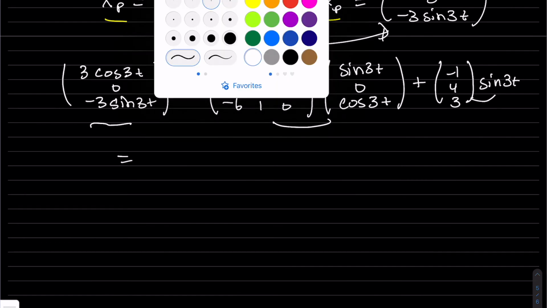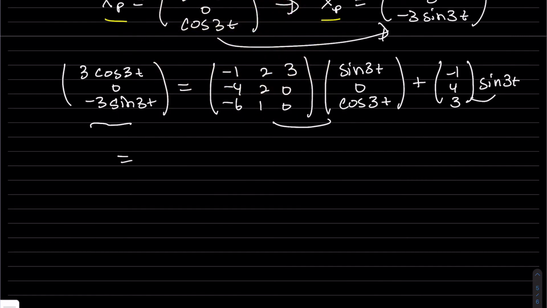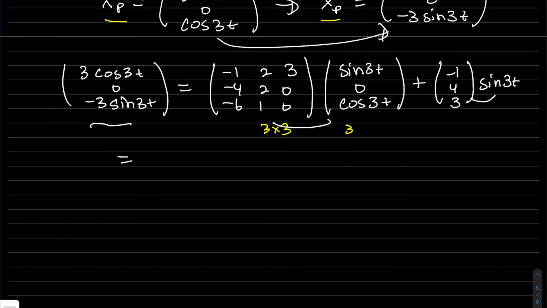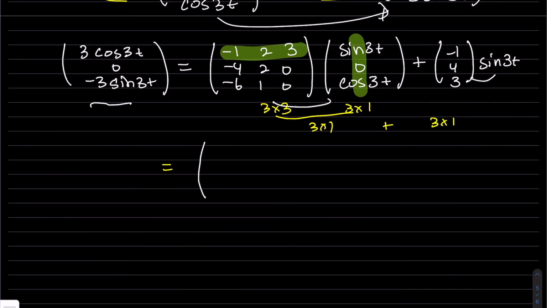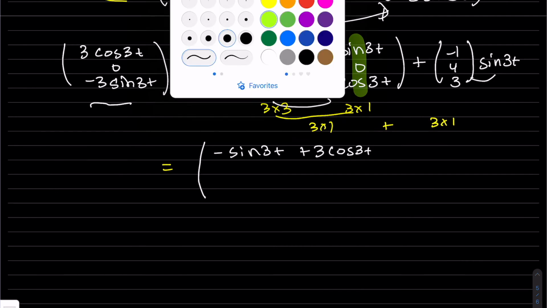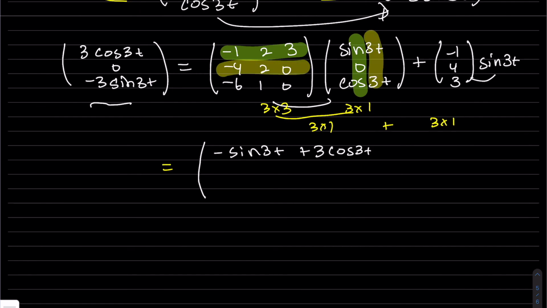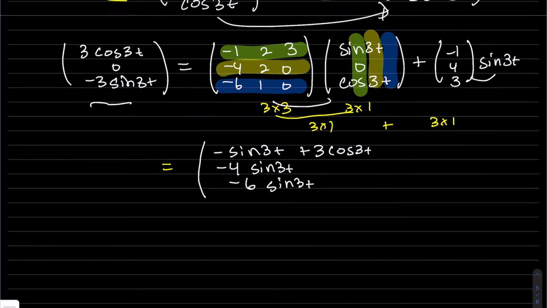So again, this is 3 by 3, 3 by 1. We do get a 3 by 1 plus a 3 by 1. That's my first row, the inner product of that. My second row. And my third row. Yeah, and the other two terms are 0 just like that.